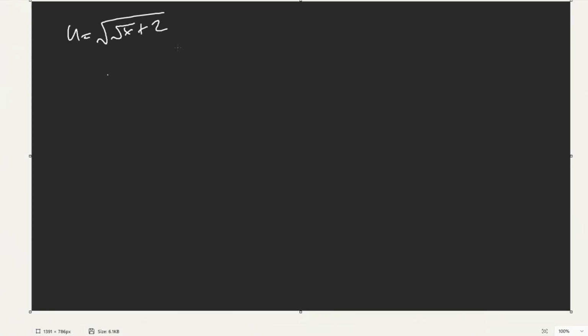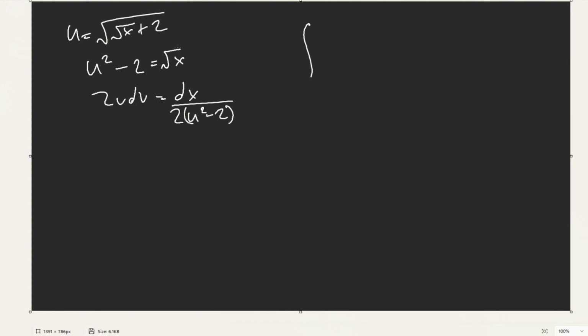Force u-sub time. u squared minus 2, and then this is equal to the square root of x, and dx is 2 times u squared minus 2, and then we get 2u du, and so we get 4u cubed minus 2u.